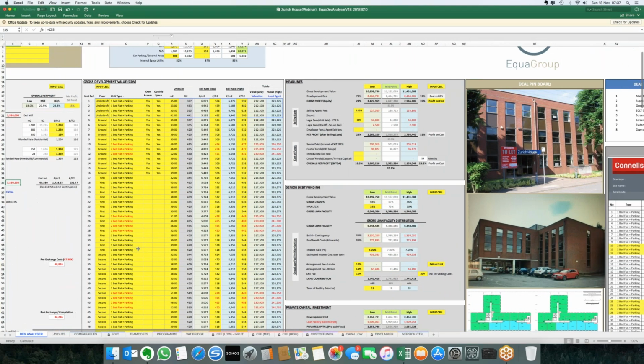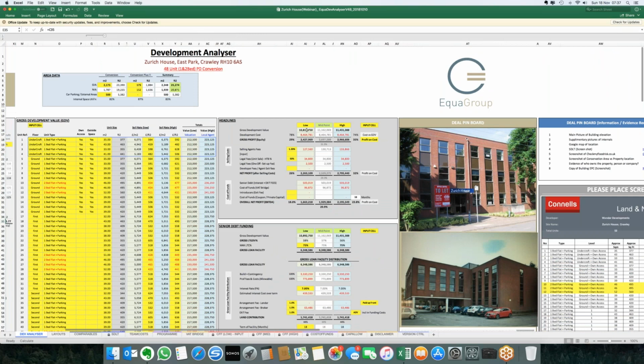So in this occasion on Zurich House, we've got an overall development cost, which is all of those numbers, at 8.464 million, and that is consistent across the low, mid, and high point. We don't add any particular money because contingency is already built into that number. It would be unfair and probably wrong to put further contingency at this level.